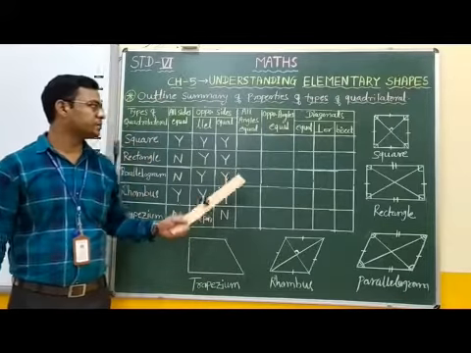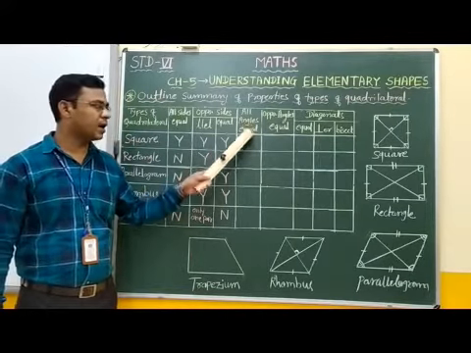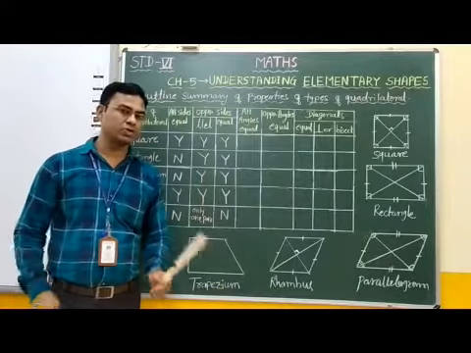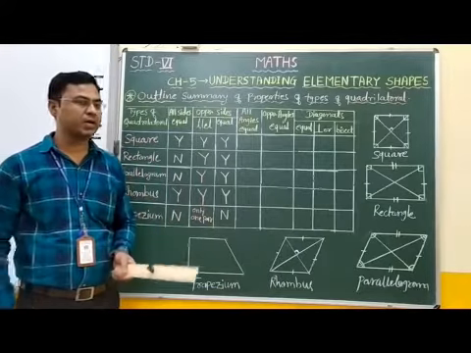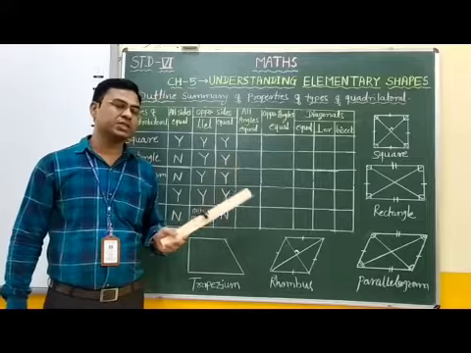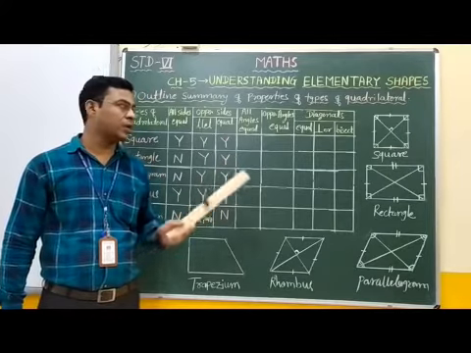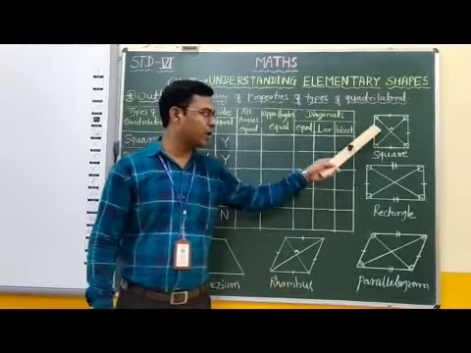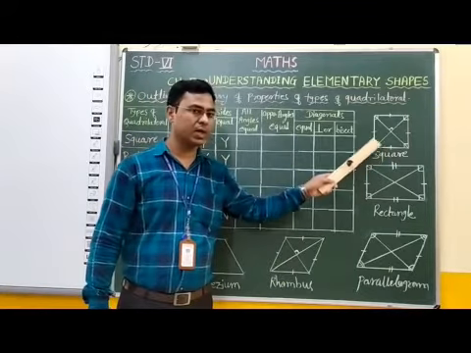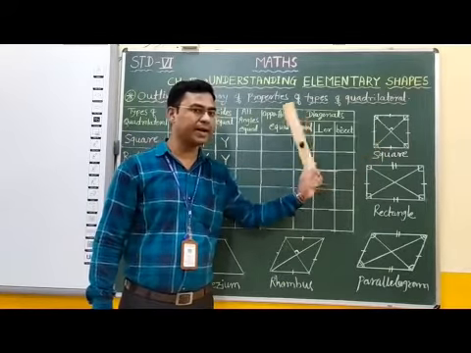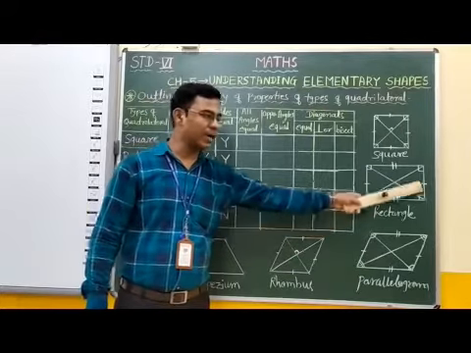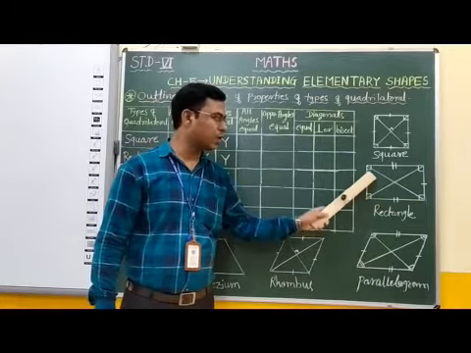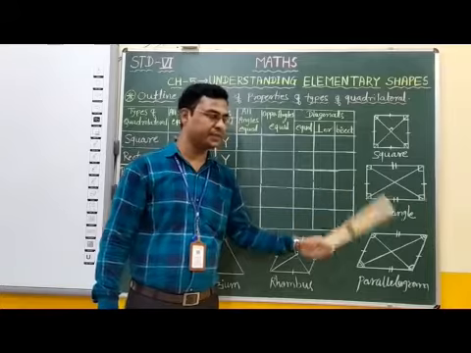Now, the next property, all angles are equal. Now students, we have to check in which types of quadrilateral all angles are equal. In square, all angles are equal. Yes, all angles are 90 degrees. In rectangle, all angles are equal. Yes, all angles are 90 degrees.